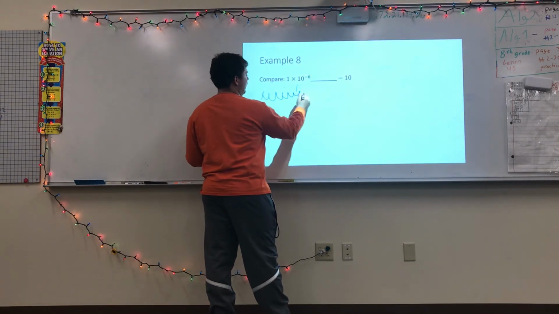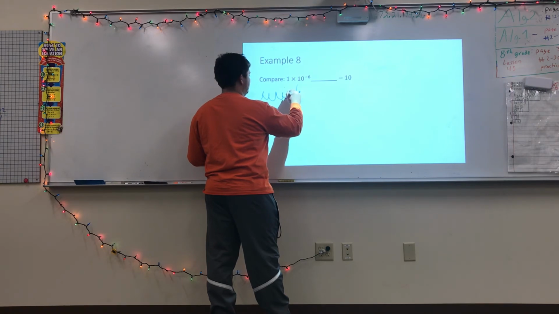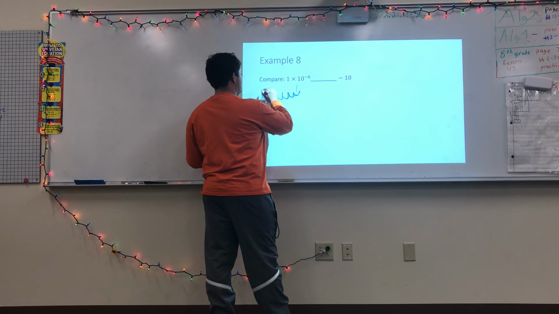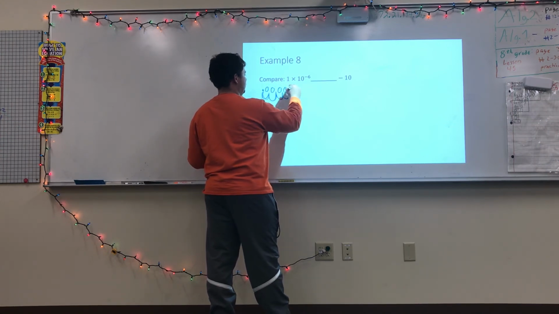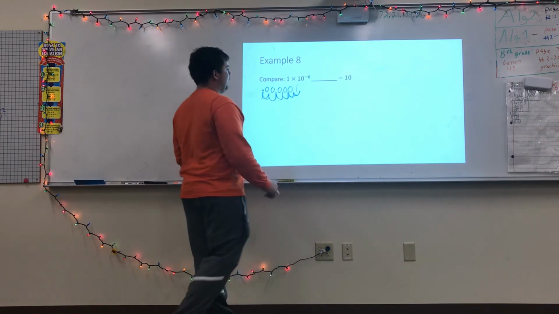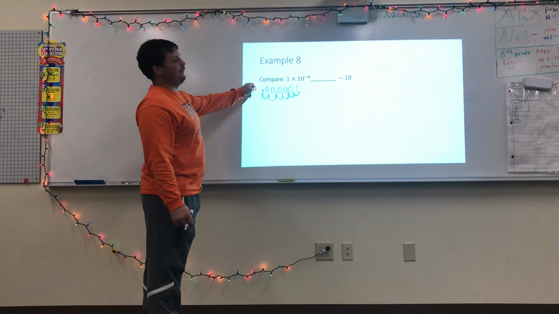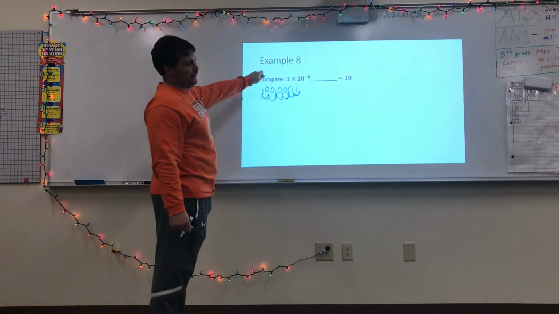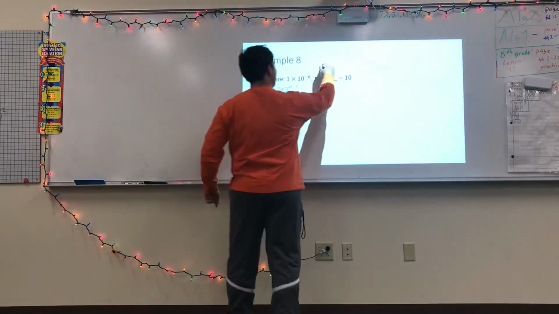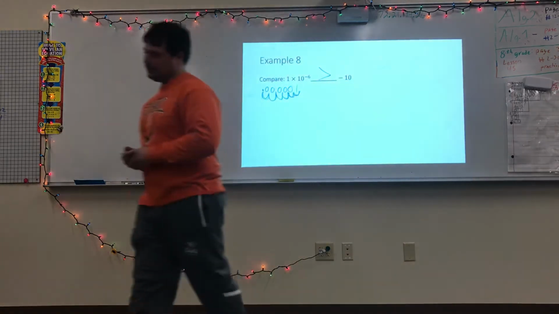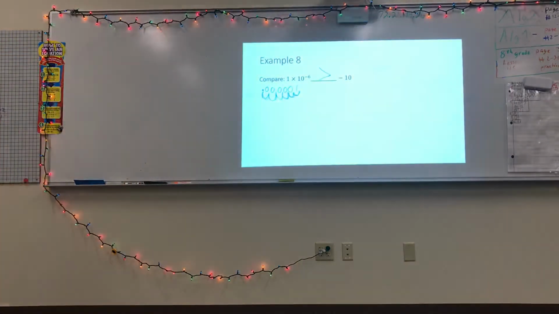Too far. 1, 2, 3, 4, 5, 6, then zeros. Which side is larger? Well, this isn't a negative number. It's really, really small, but it hasn't been negative yet. So I would have something that looks like that. Interesting concept.